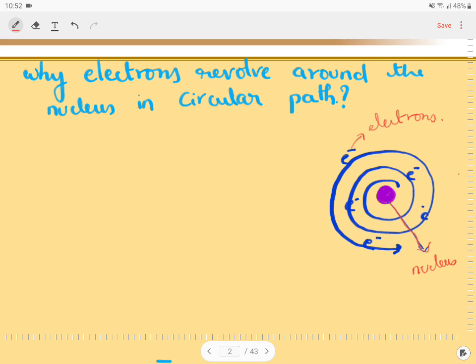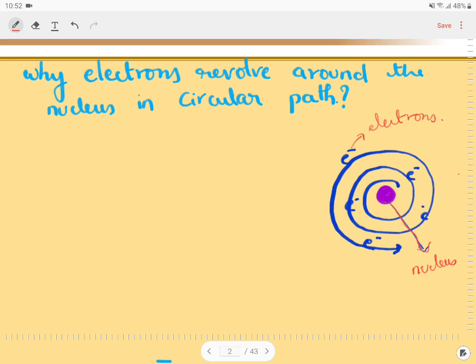Now, on what basis? He very well knew that an atom has a positively charged nucleus and the entire mass is concentrated in a small region. So that is considered to be a sphere. So, the nucleus should be a sphere. If the nucleus is a sphere, the electron should move around the sphere.